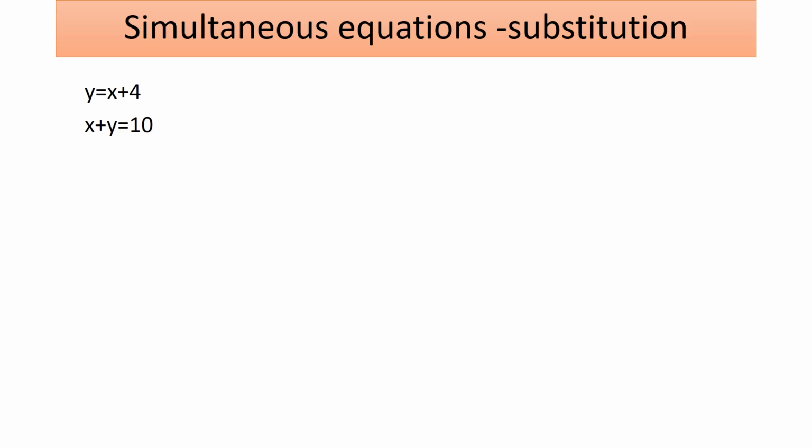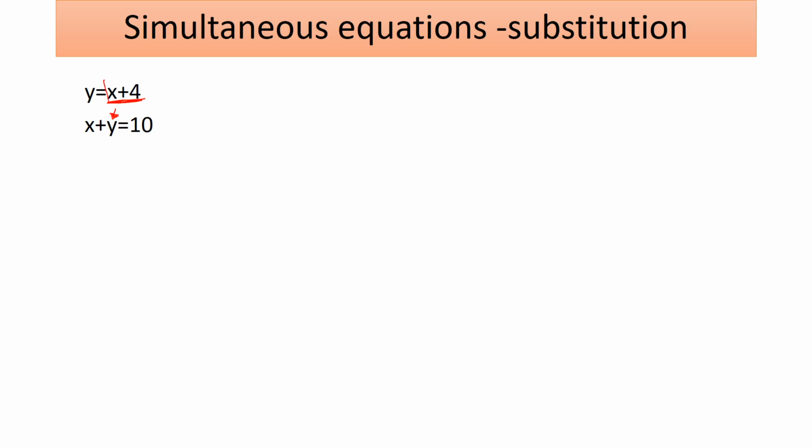Now we're going to use the substitution method, and this method can be easier to use with some sets of simultaneous equations. So in my example, the first one has y as the subject of that equation. That means, if this is equal to y, I can substitute it into the second equation.